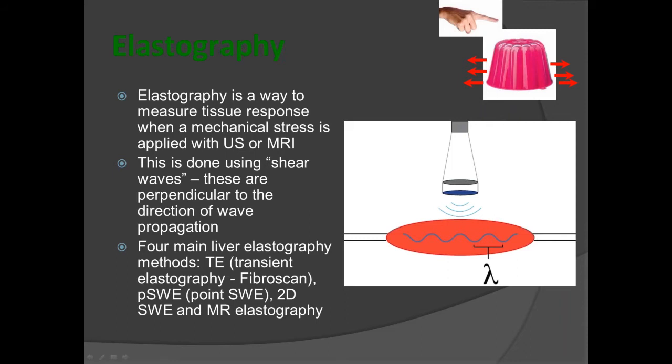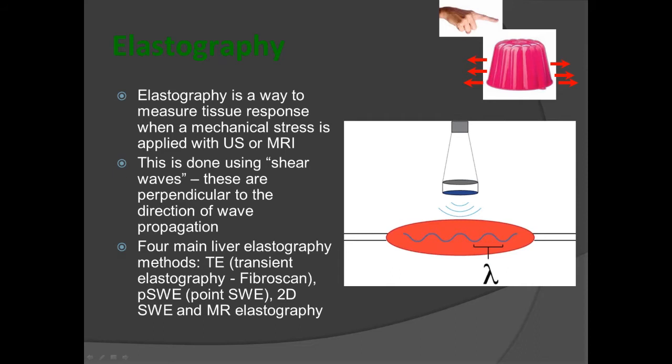But if you put a needle into point 2, you might get a series of regenerated liver or normal liver. And that's why we decided that we needed, or the profession decided in 2008, that a non-invasive test was required. And this led to the development of elastography.